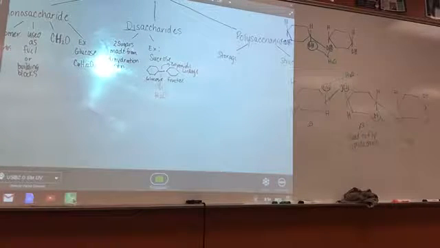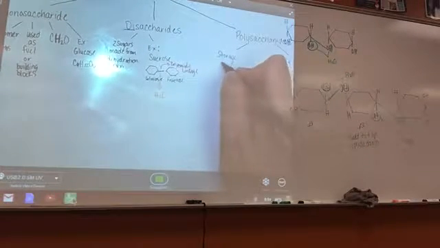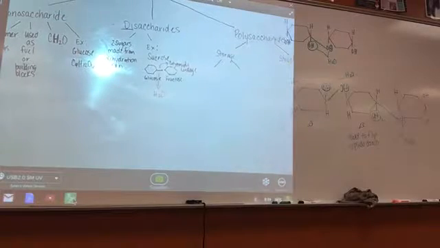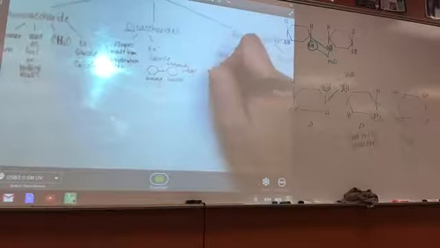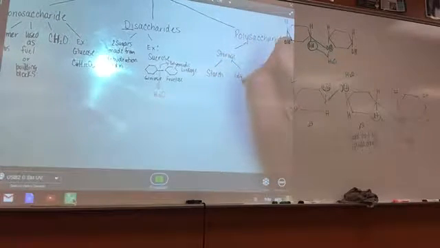So this is not the end-all, be-all way to make a concept map. I'm just following what we did in our notes to give you more of a visual here. So for storage polysaccharides, there were two. They were starch and glycogen, right?